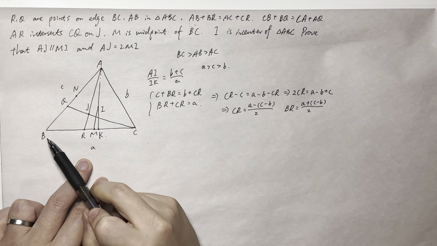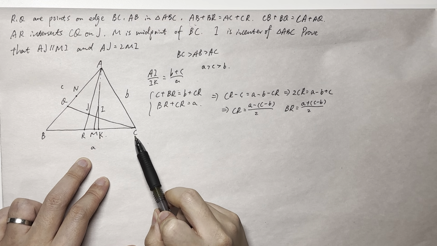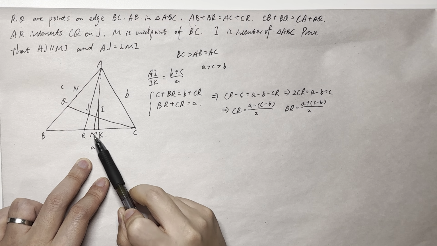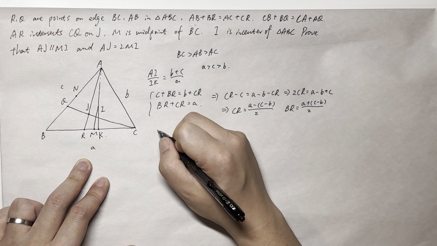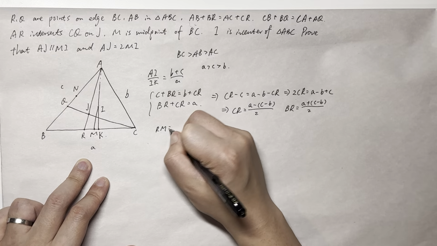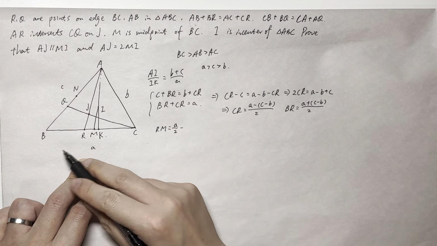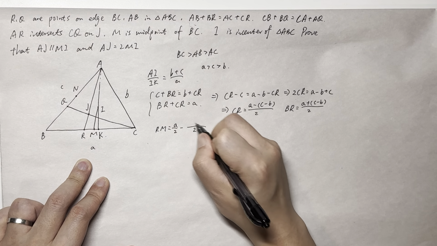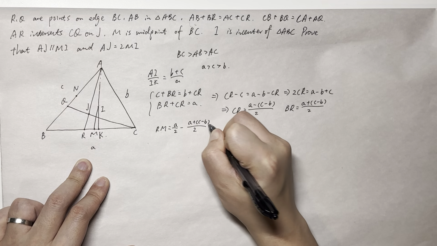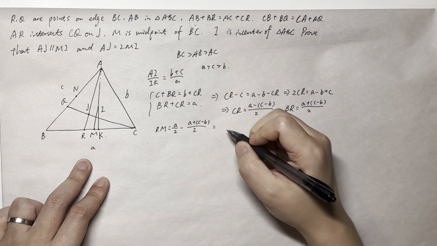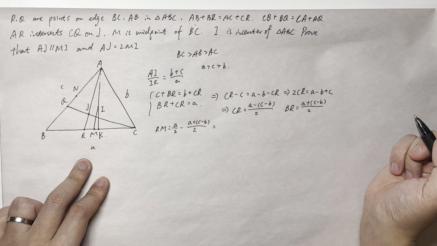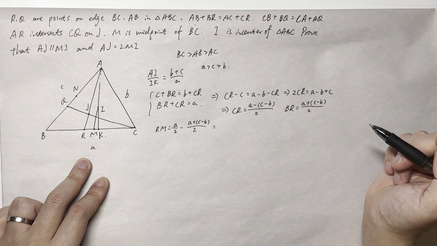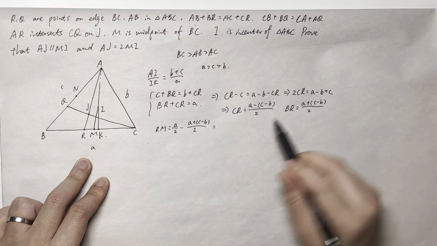Okay, now we know the length of BR, we know the length of CR, and M is a midpoint, so BM equals MC equals half of A, which means RM equals half of A minus BR, which is half of A plus C minus B, so it equals to... wait, let me see. Oh, this is wrong, right?